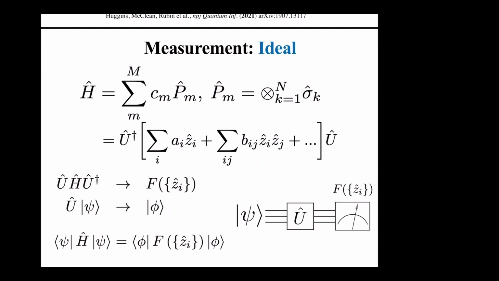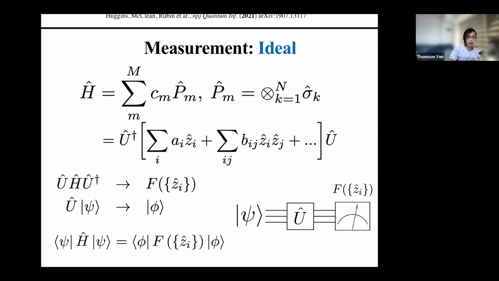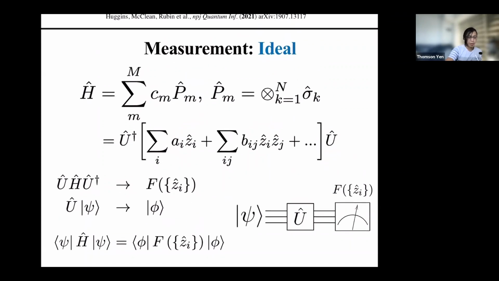The second thing you want to do is apply this unitary on the wave function that VQE prepares. And you could verify this equality by resolution of identities: getting the expectation value of the Hamiltonian is exactly equal to getting the expectation value of the function Z operator in this rotated basis.